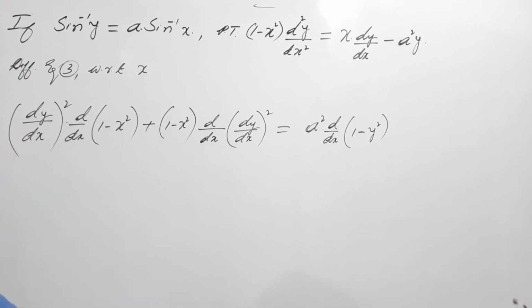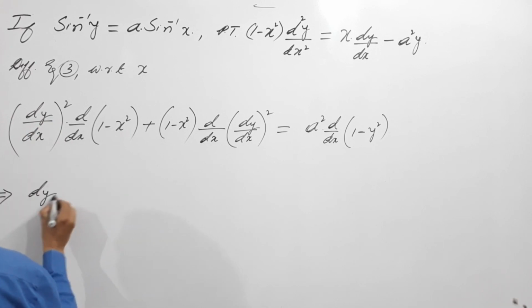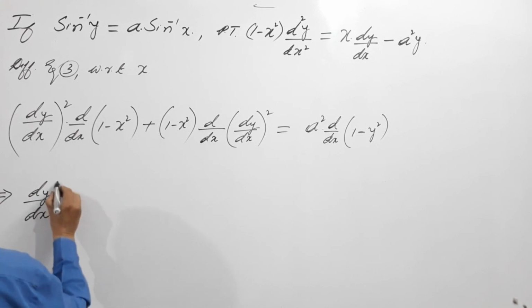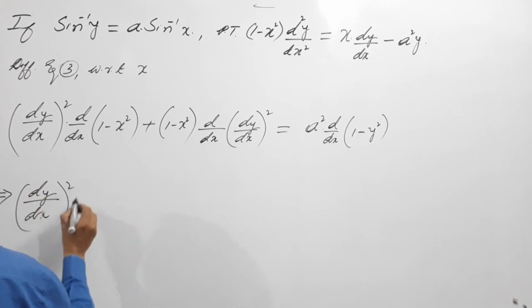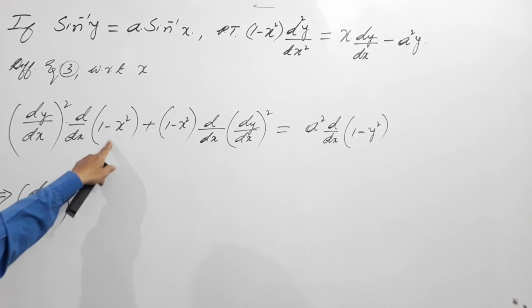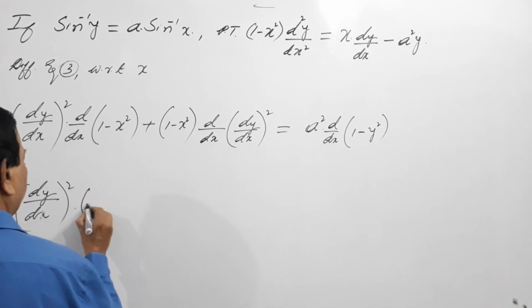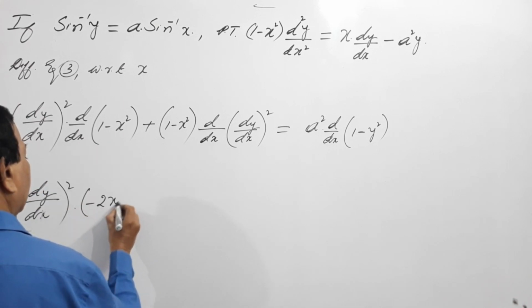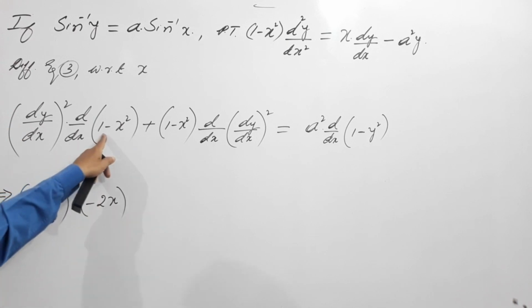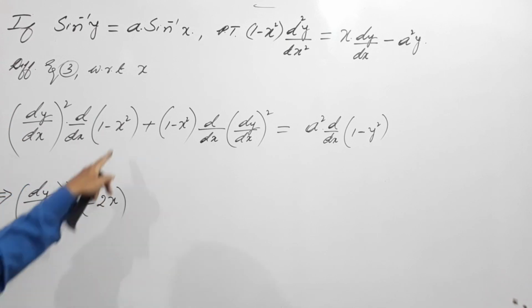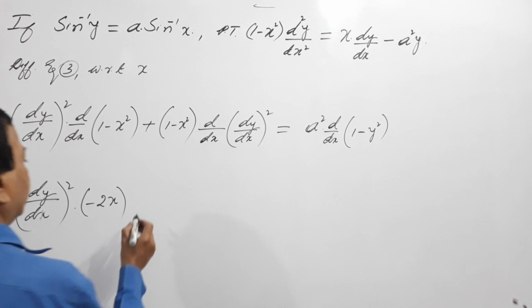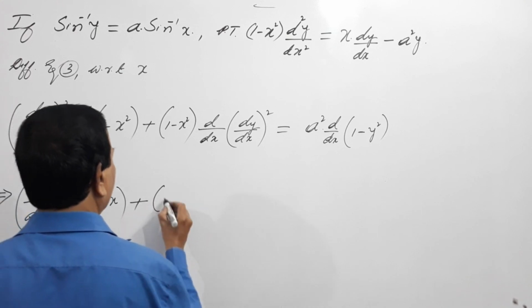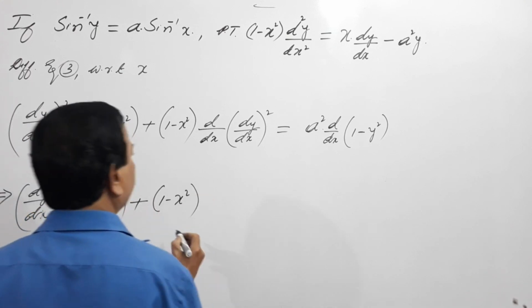What happens here? If you differentiate this, this is our written, that is (dy by dx) the whole square. If you differentiate this, what happens? You get minus 2x, because d by dx of 1 is 0 and minus x square becomes 2x, plus 1 minus x square.